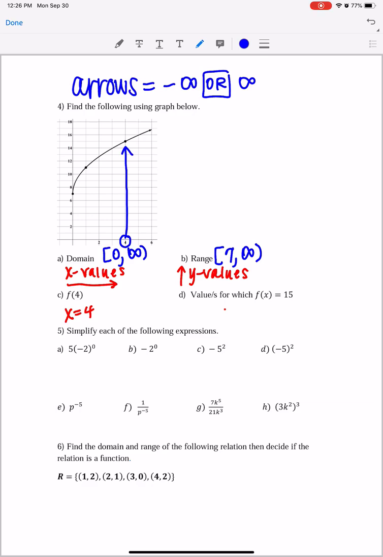Here is my point when x is 4. When x is 4, what is my y? My y is 15.